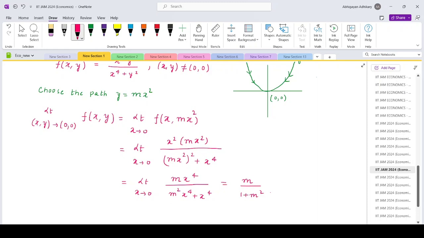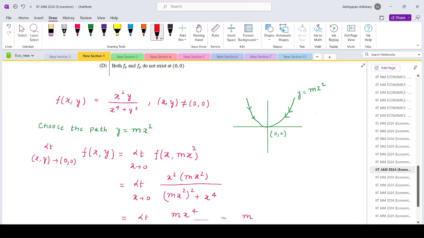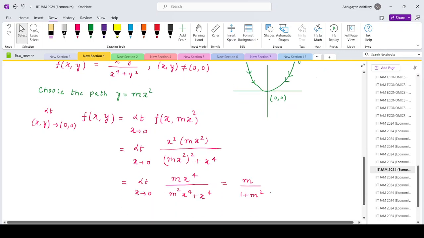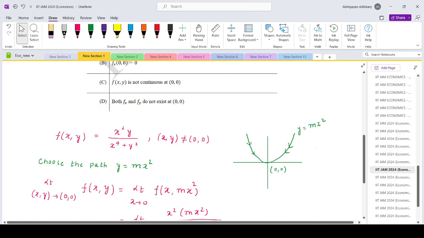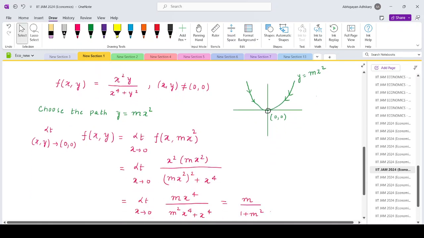So for different values of m, this limit value that you have got will differ, right? For example, if you choose y equals x squared, you will be converging to one limit value. If you choose y equals 2x squared, you will be converging to a different limit value. Now this cannot be true, because for the existence of a limit, no matter whichever path you choose to come to the point at which you want to find the limit, the value of the limit should remain unchanged.